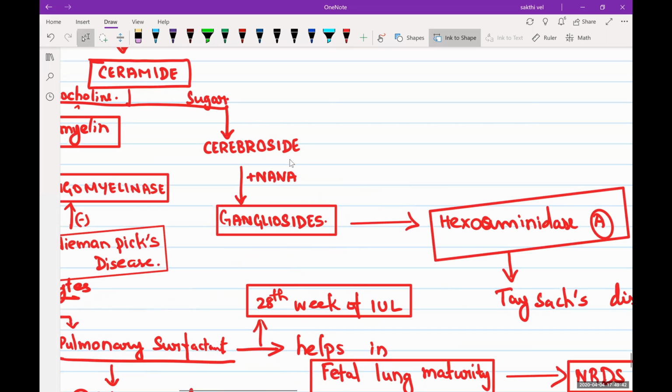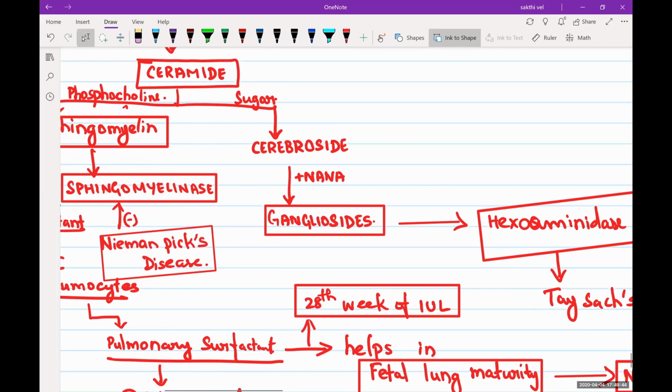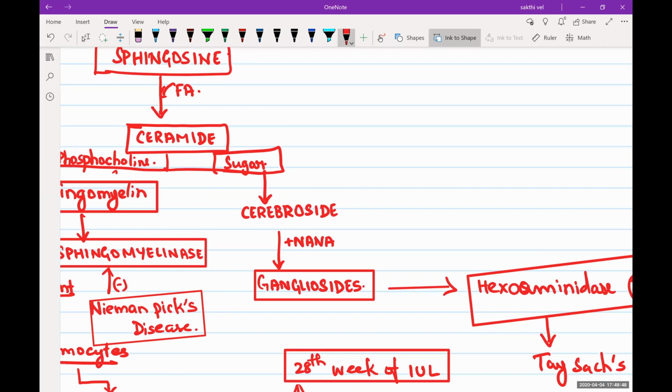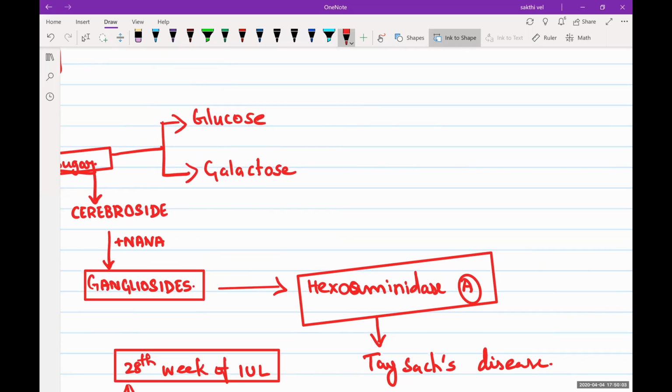And I told you, ceramide plus sugar forms a cerebroside. The sugar can be either glucose or galactose. If it is glucose, the cerebroside is a glucose cerebroside.